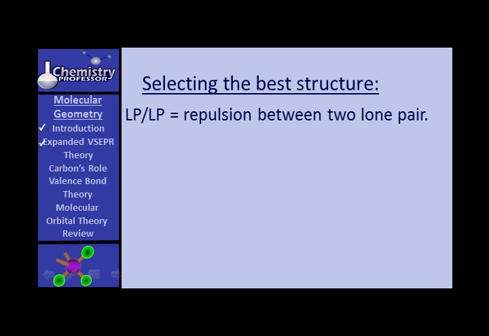Now we'll use the expression LP-LP to designate repulsion between two lone pairs. And that repulsion is going to be most significant at 90 degrees. That's going to be a really, really strong repulsion at 90 degrees.